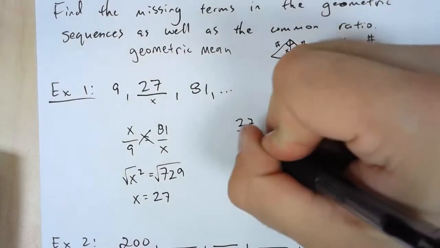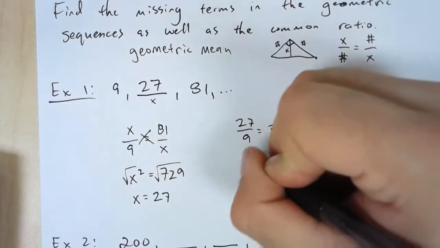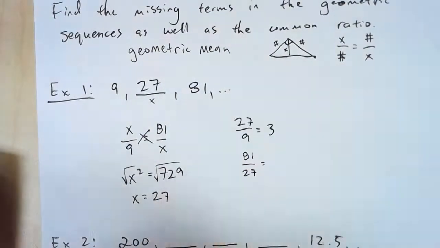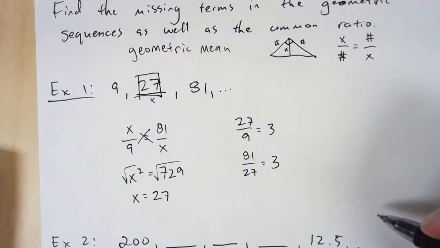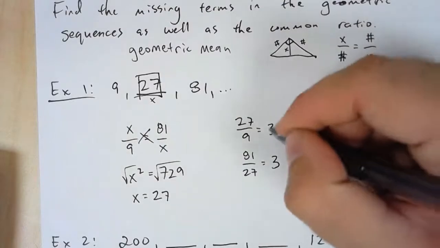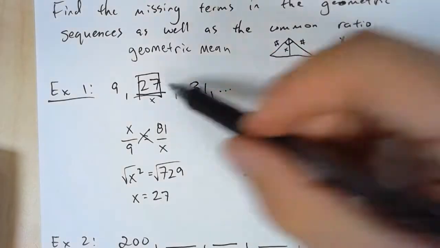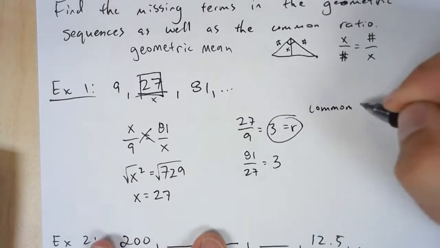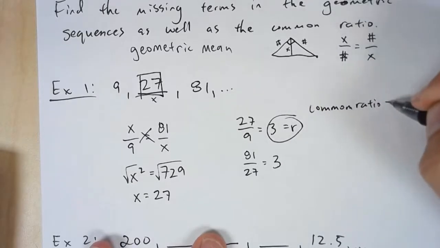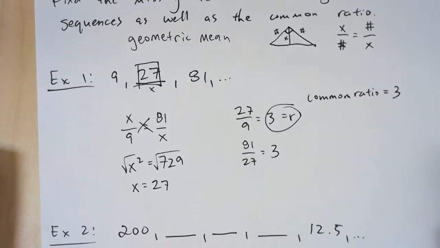So 27 over 9 is 3. 81 over 27 is also, oh, it is 3. Okay, so it works. So our missing term is 27. Our r is 3. So the common ratio, what we multiply every single time by, is equal to 3 as well.